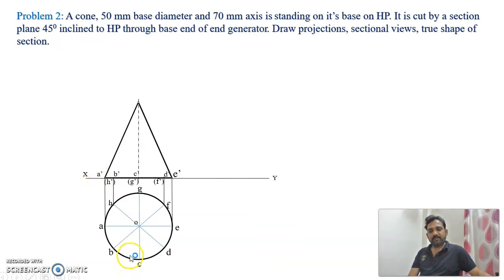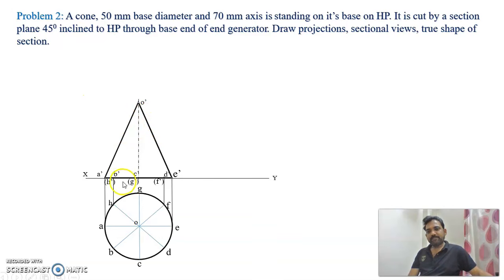While marking, remember that the visible points A, B, C, D, E we mark as A dash, B dash, C dash, D dash and E dash. Whereas the points behind, that is H, G and F, which are not visible from the front side, we mark in brackets as H dash, G dash and F dash. Then mark point O dash. So here the front view of the cone is ready.